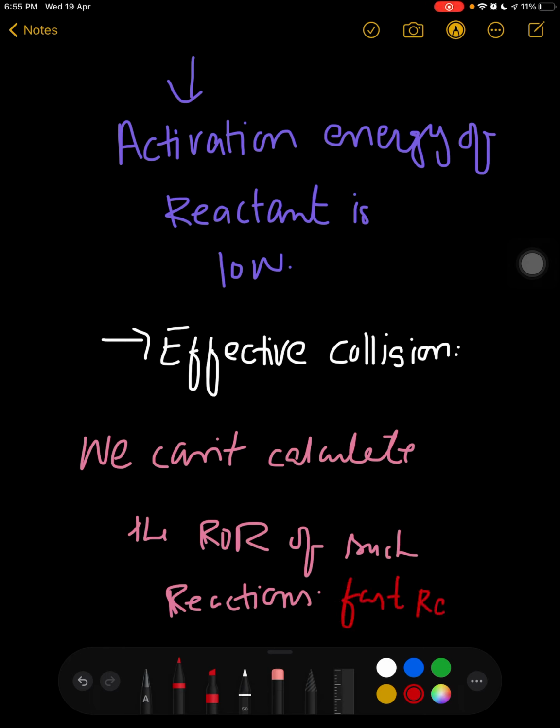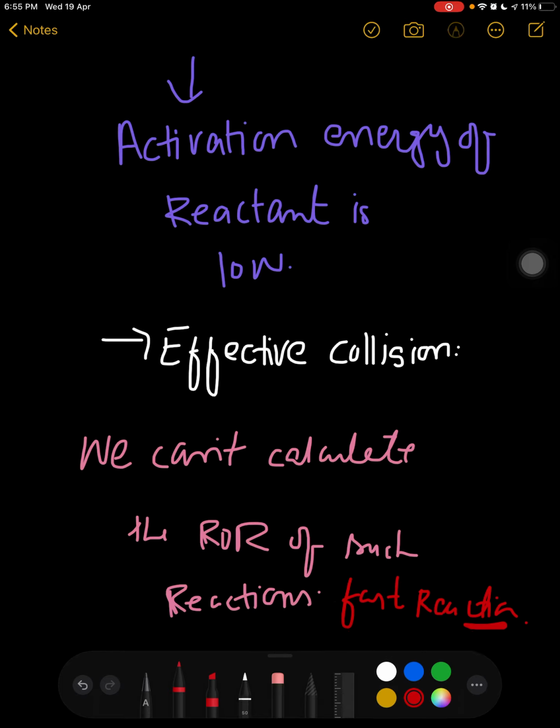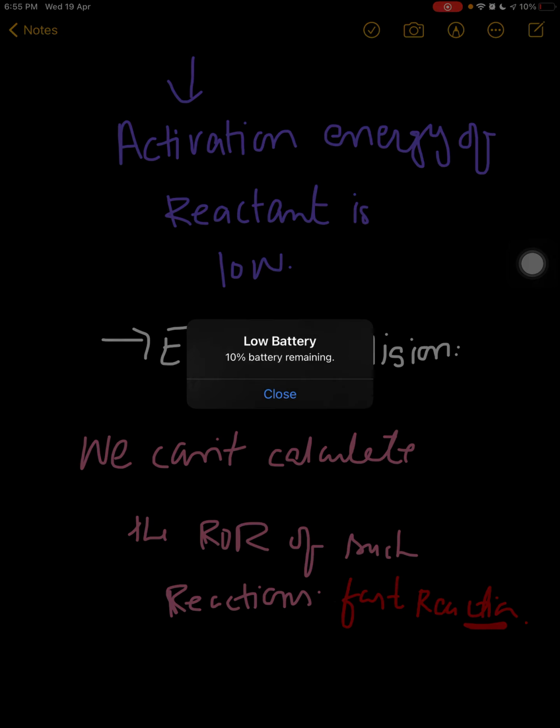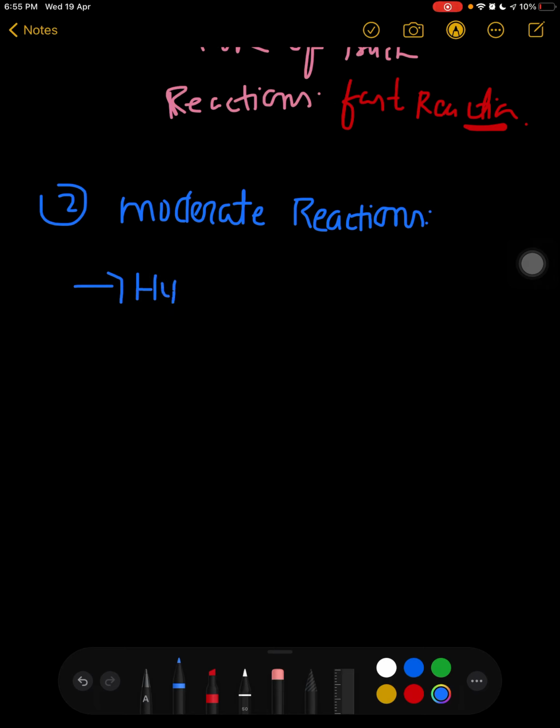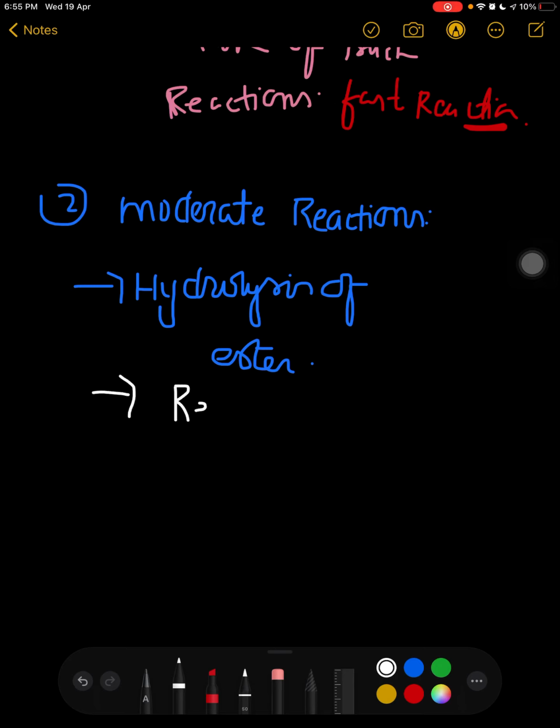Now we will talk about the second type of reaction, which is moderate reactions. For example, we have hydrolysis of ester. Basically, we can say that here we have reversible reactions.